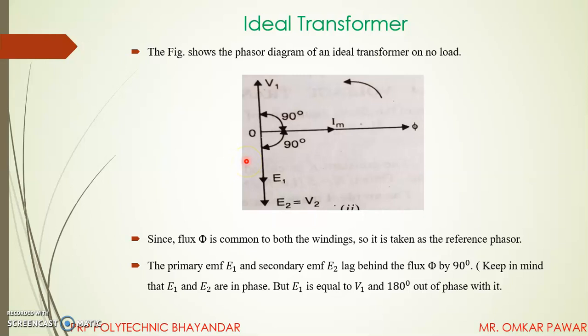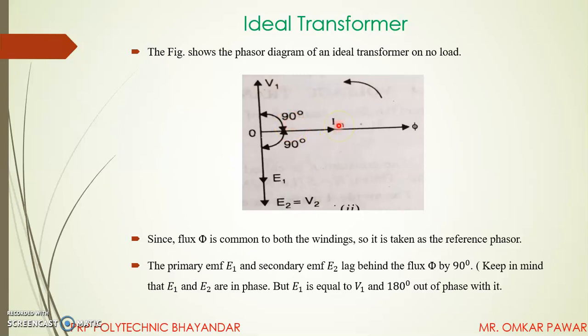We can draw a phasor diagram according to this condition, that is, the ideal transformer on no load. The applied voltage is V1, and as it is an inductive coil, the current Im lags the applied voltage by an angle of 90 degrees.